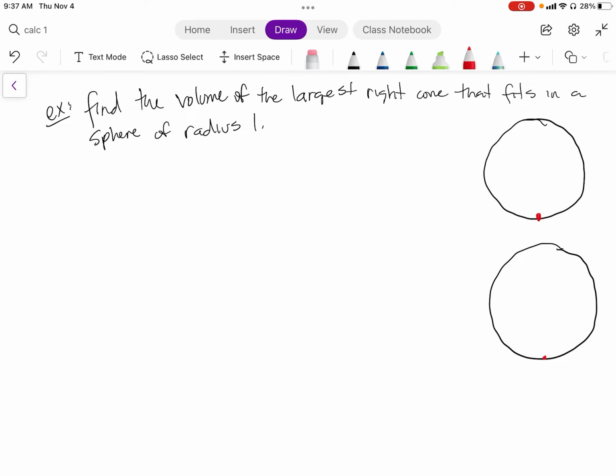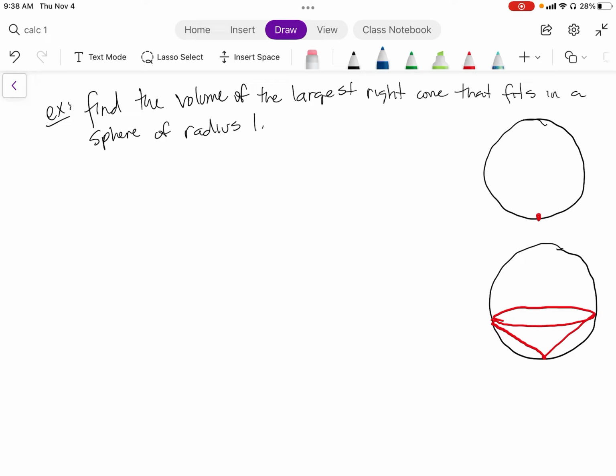Obviously, we could rotate and picture it elsewhere, but suppose I thought maybe this would be the largest cone, the volume, that I should say, of the cone to squeeze into this sphere, right? And probably not.